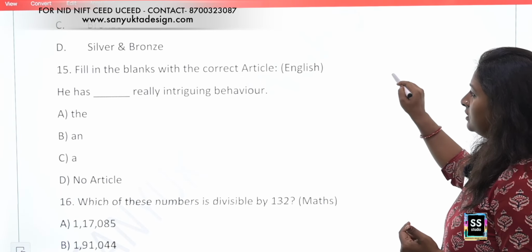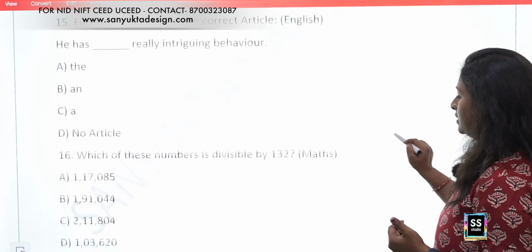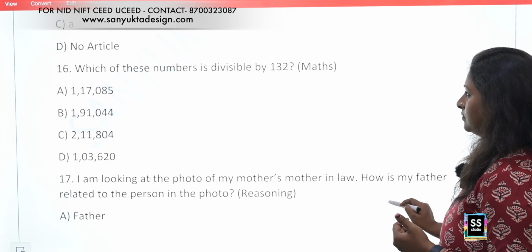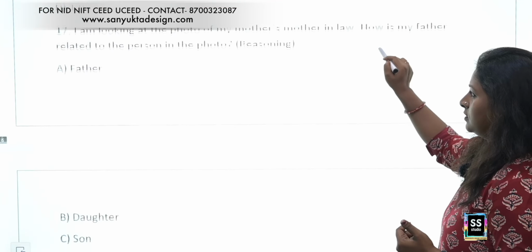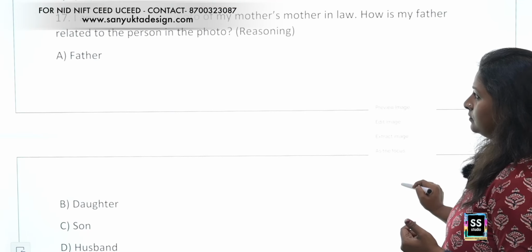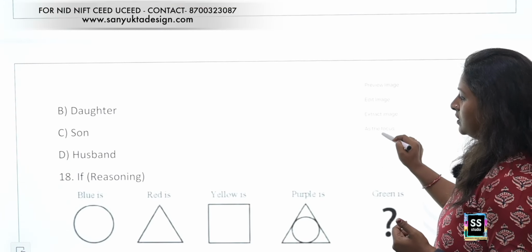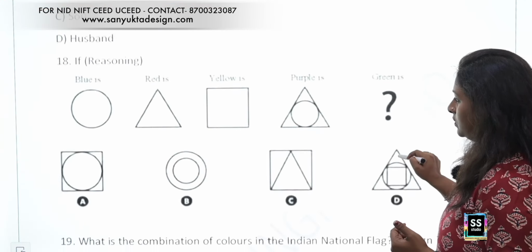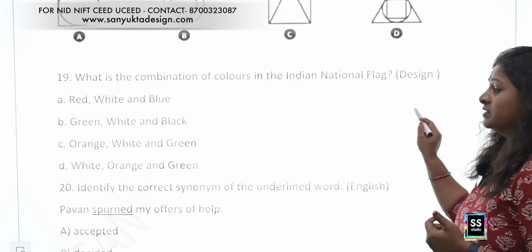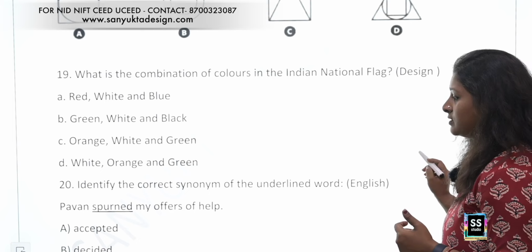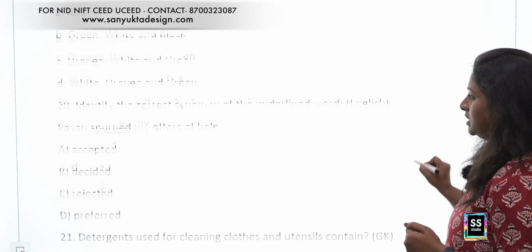Question number 15, English. 16, maths. 17, reasoning. 18, reasoning. 19, again based on design awareness. 20, English.